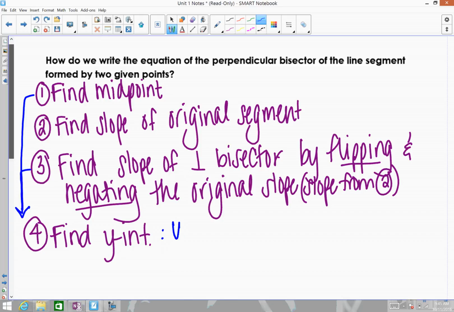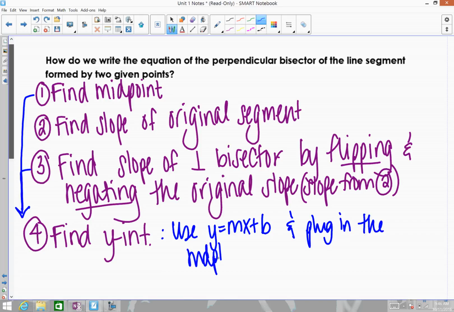So we can use y equals mx plus b and plug in the midpoint and perpendicular bisector slope and solve for b.